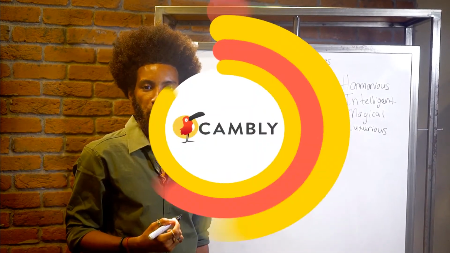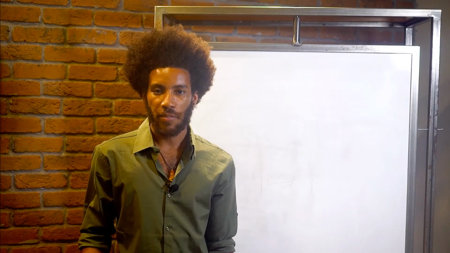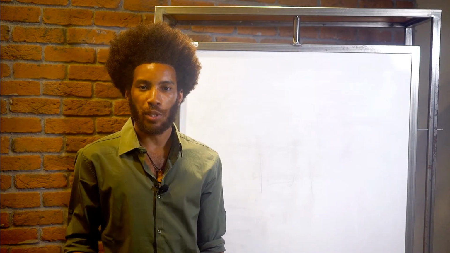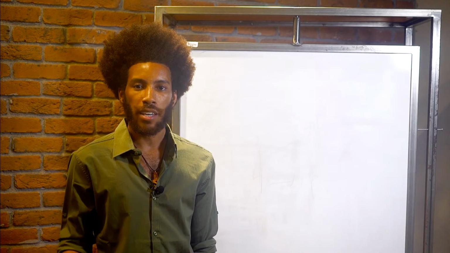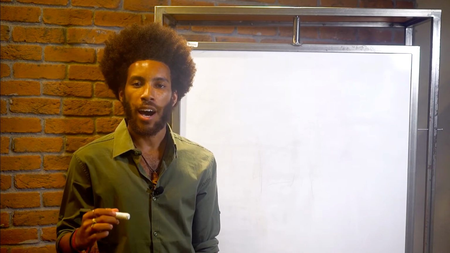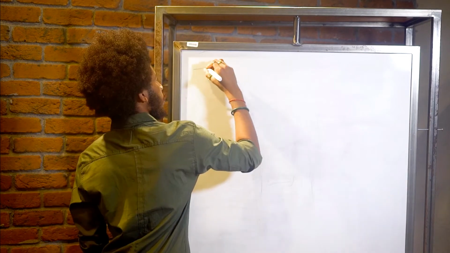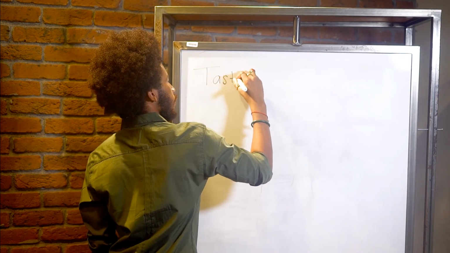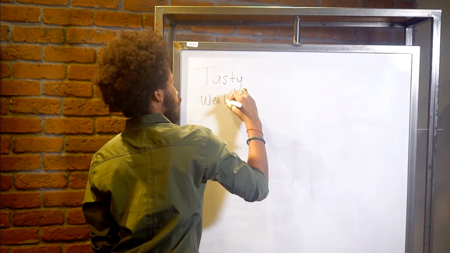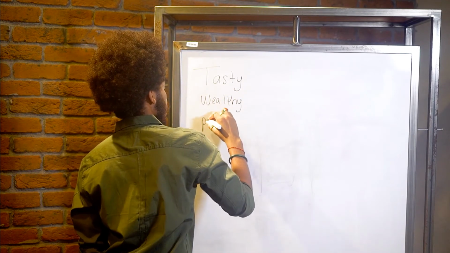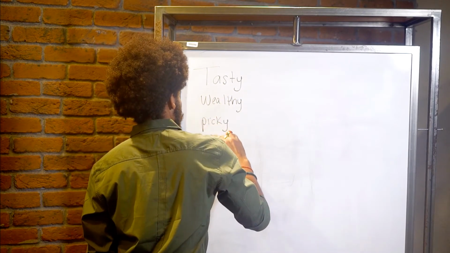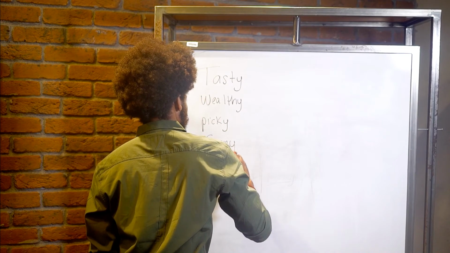If there is an adjective that ends in Y and has two syllables, then you drop the Y and add IER or IEST to create the comparative or the superlative version. Here we have tasty, wealthy, picky, sunny, and cloudy.